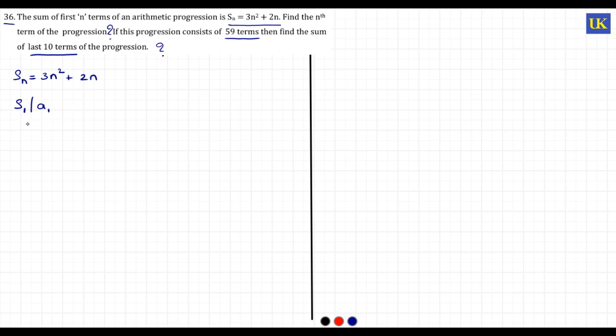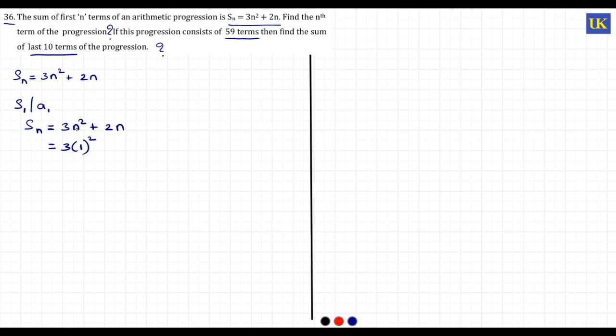So we'll take this equation, Sn is equal to 3n square plus 2n, and we will put the first term. Here n is for the first term.